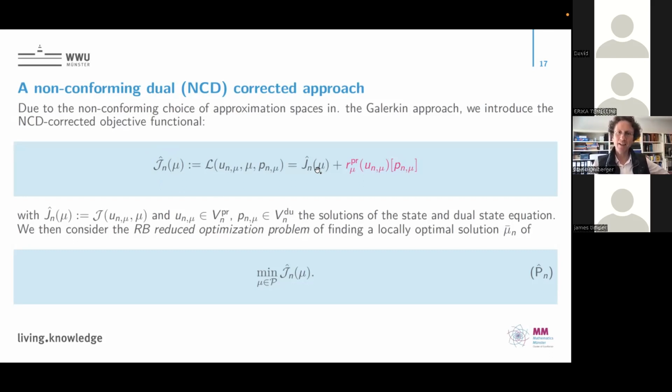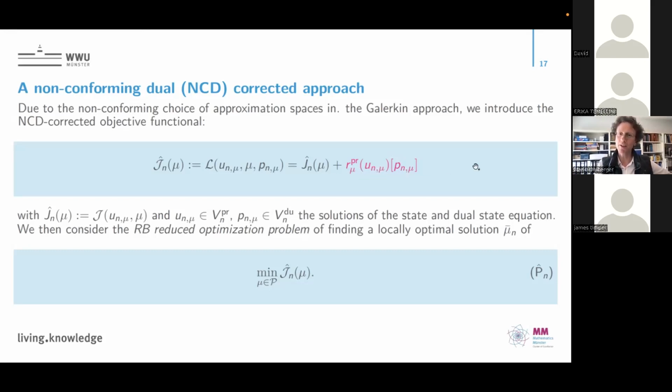Then we see that we need to do a correction here, because different from the finite element method, the spaces that we construct to approximate a primal solution, u_N, and a dual solution, p_N, do not coincide. And this is somehow a variational crime, because then you cannot use the solution of the dual problem as a test function in the primal problem.